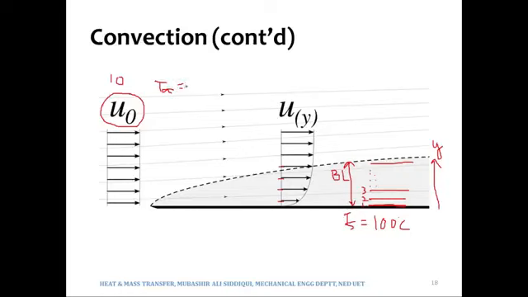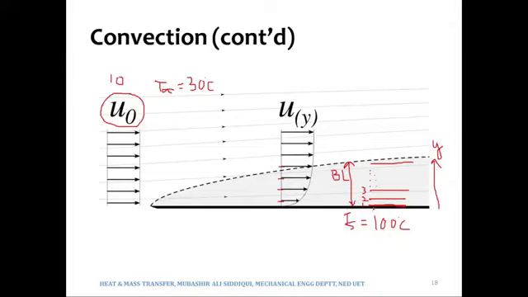If we consider the fluid to be at, let's say, 30 degrees Celsius, then the heat will be transferred from the surface to the fluid, from a higher temperature of 100 degrees Celsius to a lower temperature of 30 degrees Celsius.